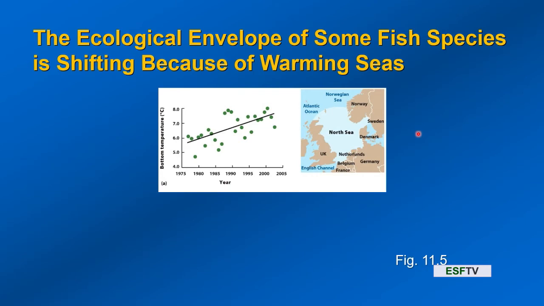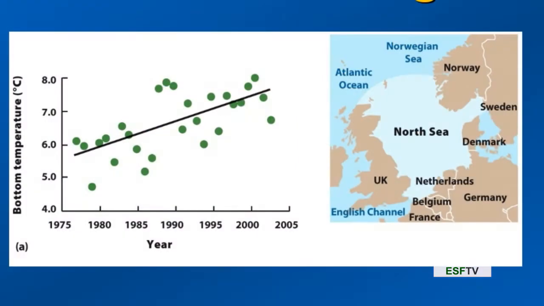Here's an example of the ecological envelope, that is sort of the niche, the envelope where this group of fish might exist, in this case based on temperature. And we're in the North Sea now, all right? So this isn't really an invasion of fish into this area. These fish were there.